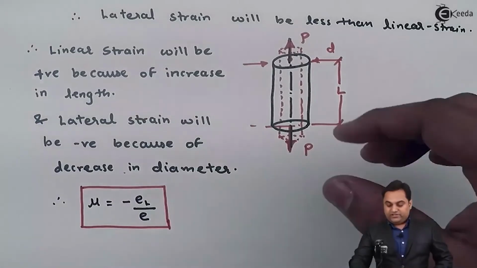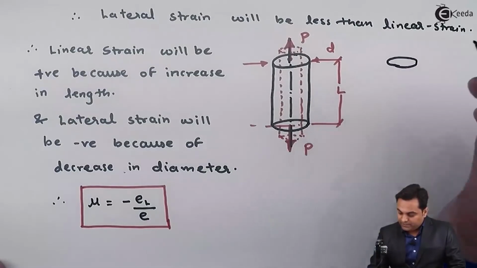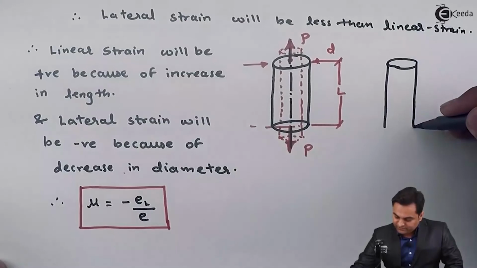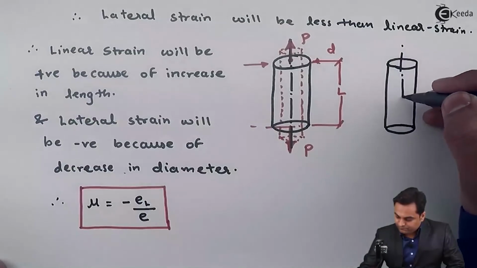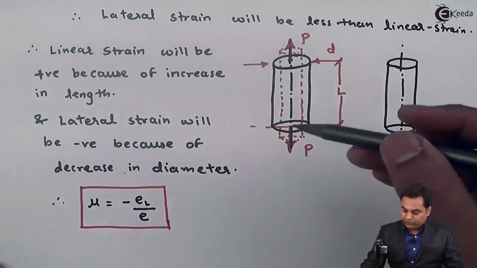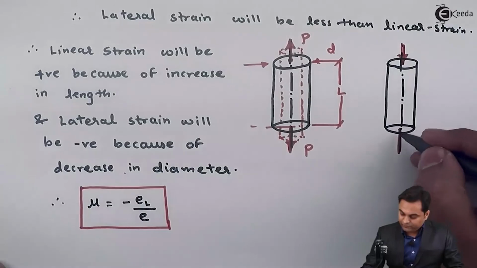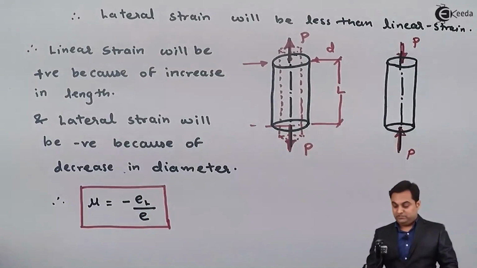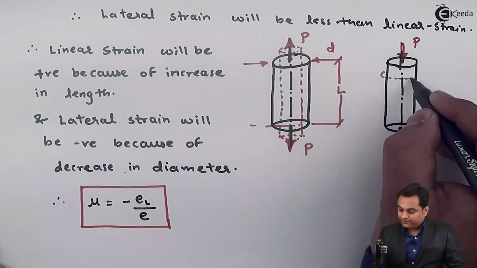Now suppose I change the direction of the load over this bar, which is having the same diameter and length. Now for this bar, instead of pull type of load, here we have push type of load having value P. Then because of this, the length will go on decreasing and the diameter will go on increasing.